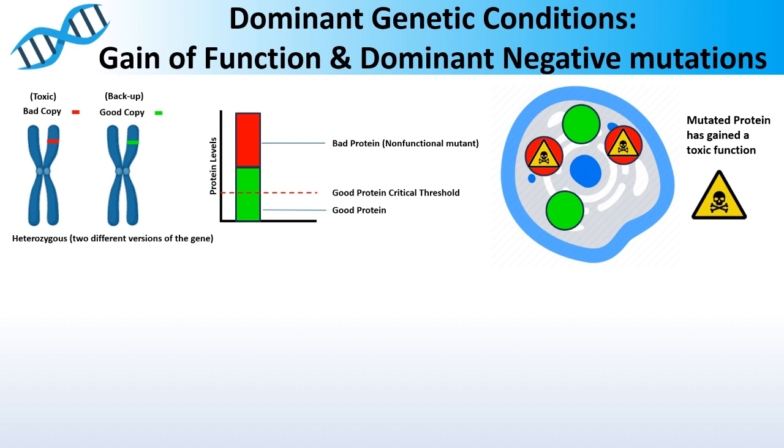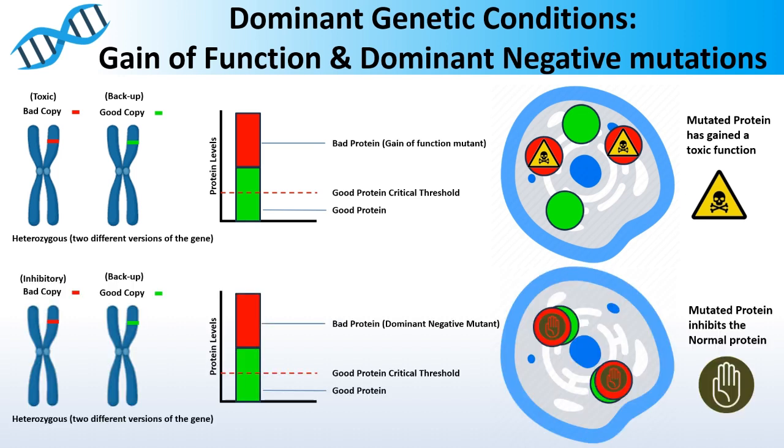And in these cases, you may still have one normal functioning copy of a gene. There may even be enough of this protein being produced, but it won't matter if the mutated gene produces a toxic protein. There's also dominant negative mutations that lead to other mutant proteins that actively inhibit the function of the good protein.